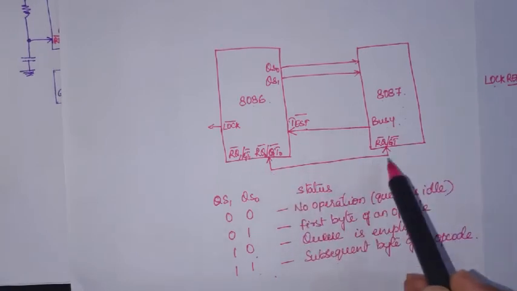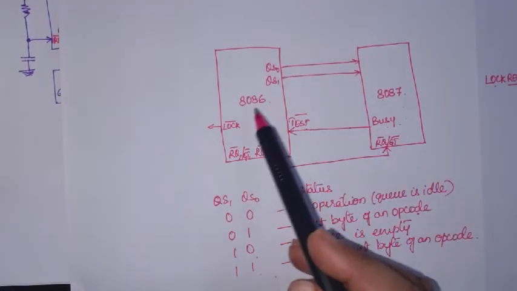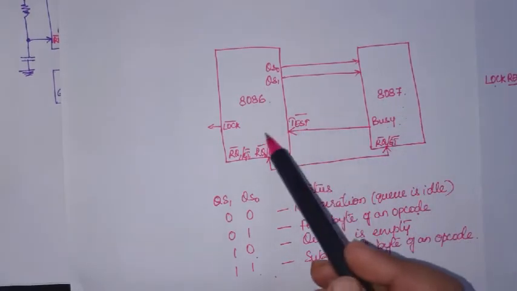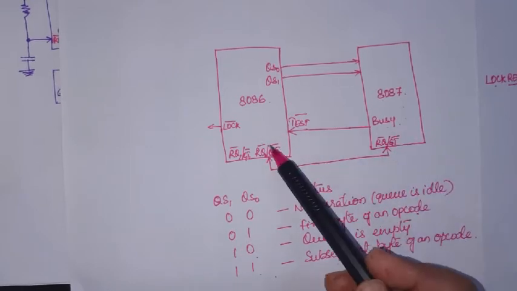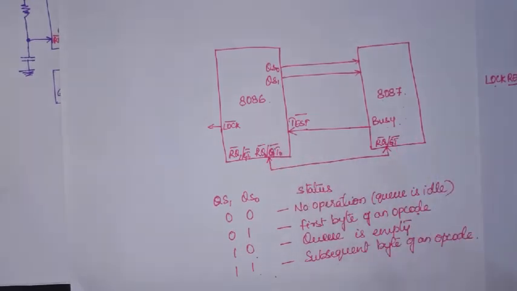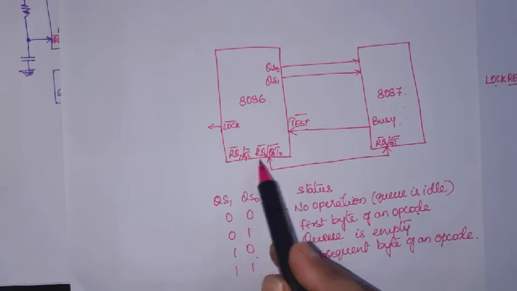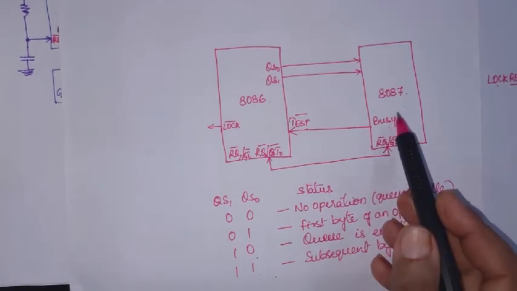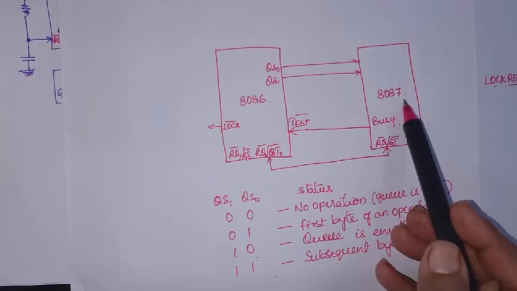And these are the signals which are connected between 8086 and 8087 for proper communication between these two processors. The request grant pin of 8086 is connected to the request grant pin of 8087.